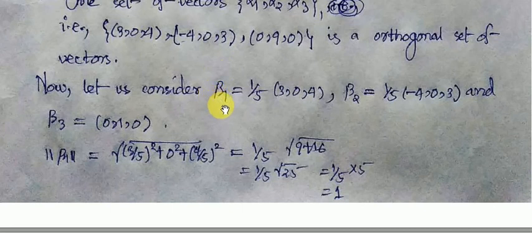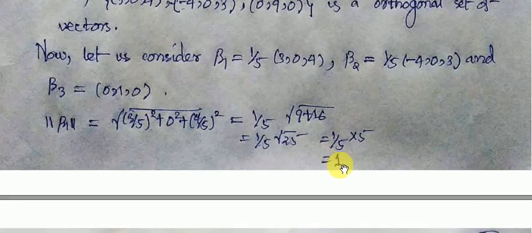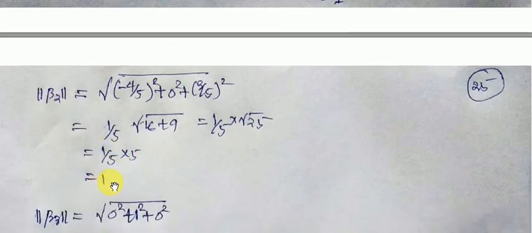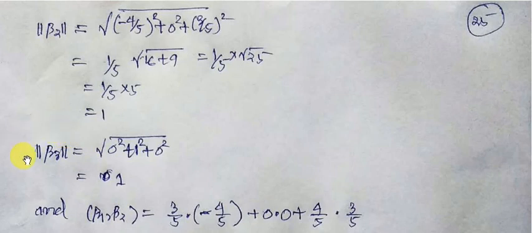That means we take the square of each component and add them. So norm of beta 1 is equal to the root of 3 by 5 whole square plus 0 square plus 4 by 5 whole square. The calculated value is equal to 1. Similarly, we have calculated the norm of beta 2 vector, and this is equal to 1, and similarly the norm of beta 3 vector is also 1.